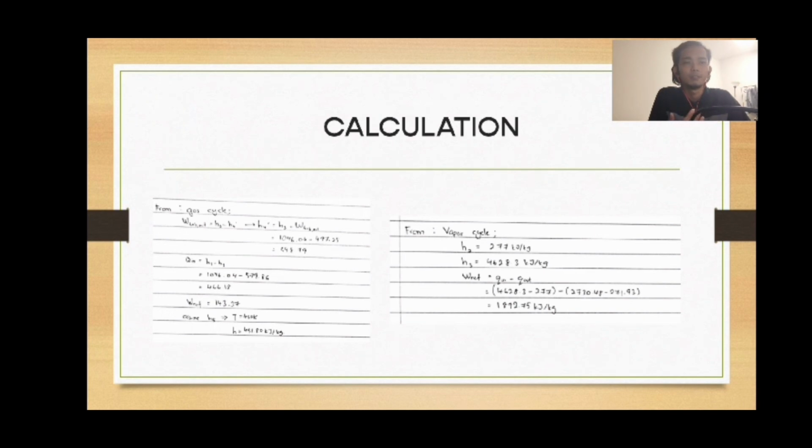Then from the vapor cycle I take points at H2, H3, and also work net. I make a new work net since my friend's Rankine cycle did not use this specific formula, so I use work net equal to Q in minus Q out.